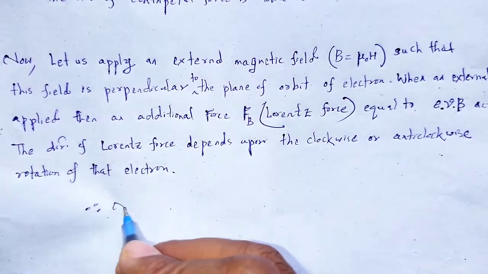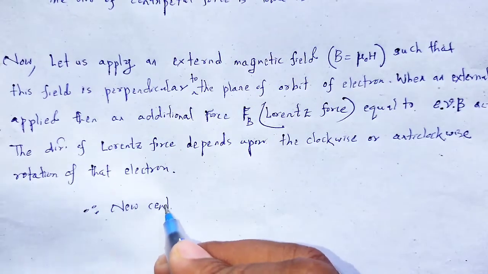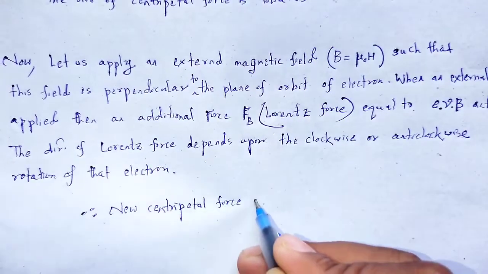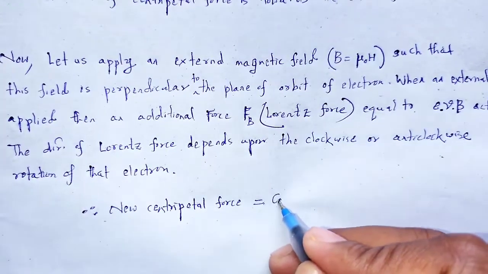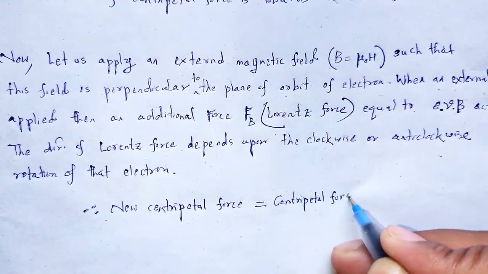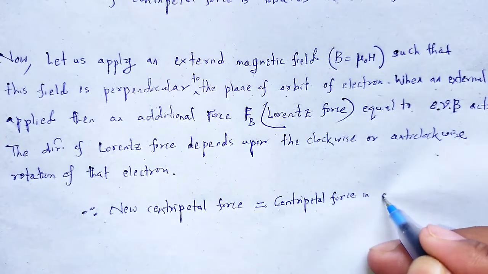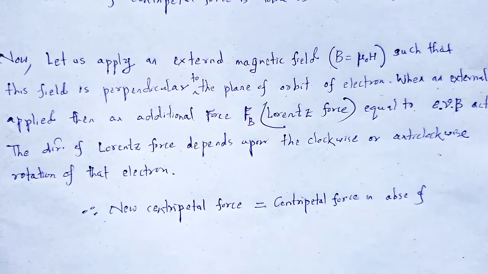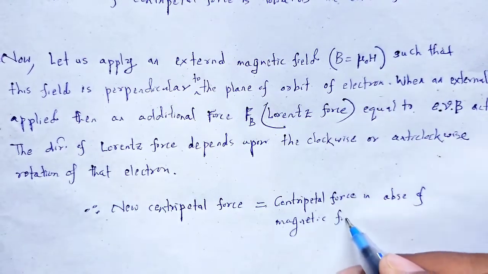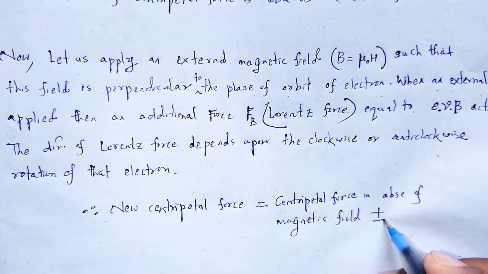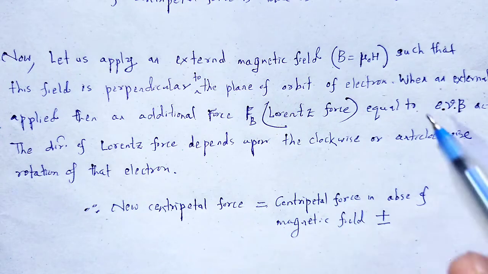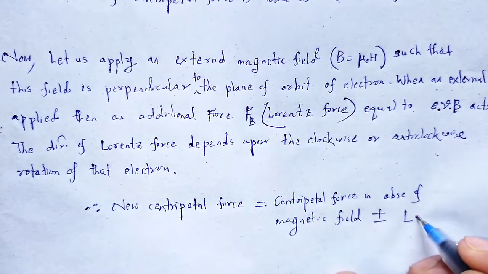Therefore, the new centripetal force is equal to the centripetal force in absence of magnetic field plus or minus, depending upon whether the electron is clockwise or anti-clockwise, the Lorentz force.